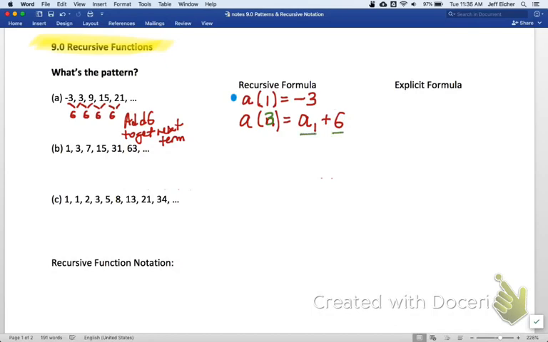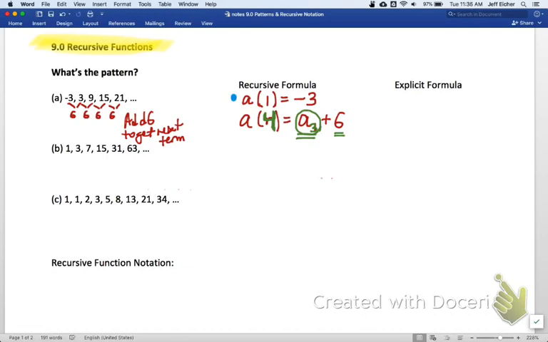You'd have to do like the second term plus 6 to get the third term. Or if we put 4 here, that wouldn't work, because the fourth term should be 15, but this just says take the first term plus 6. So really we have to change this. If this is a 4, then we should be adding the third term here.